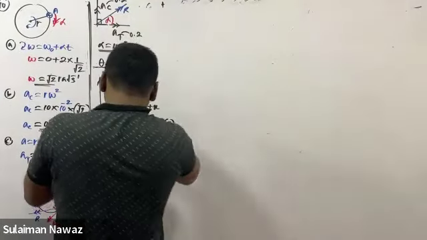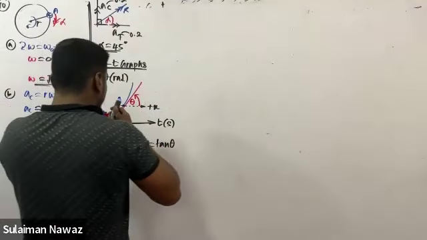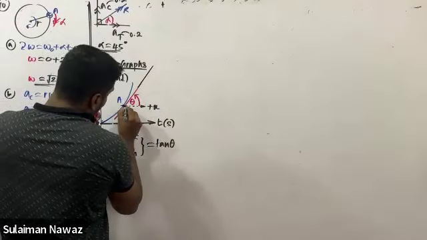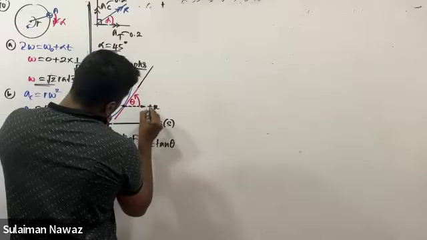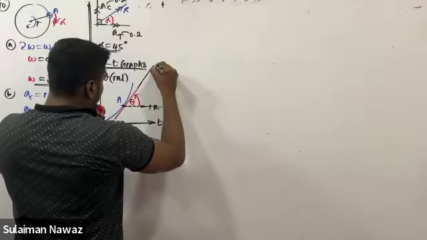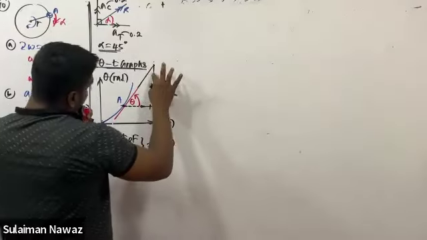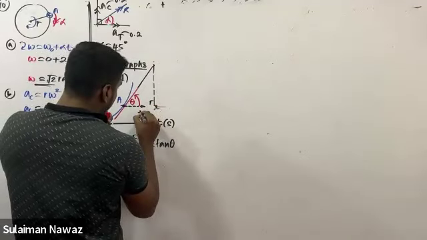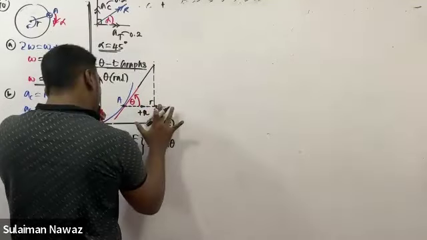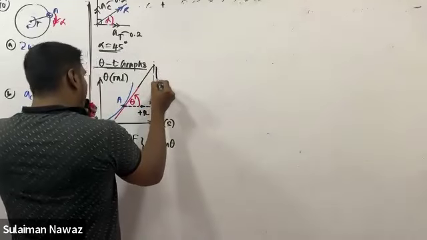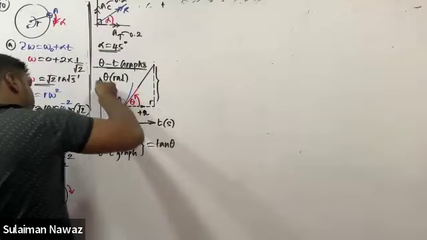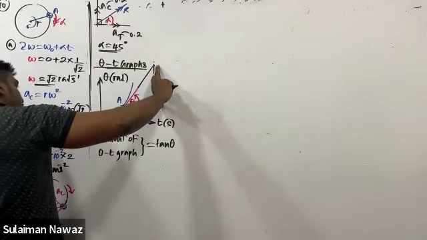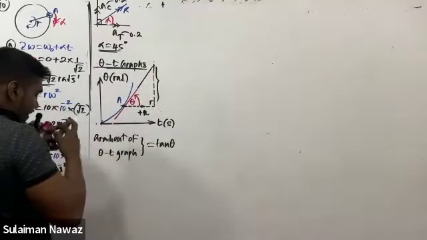Therefore I try to draw a right angle triangle here. This is the positive x-axis. If I draw a right angle triangle here, what is this vertical line? Because your vertical axis is angular displacement, this is the change in theta, that means delta theta, change in angular displacement.